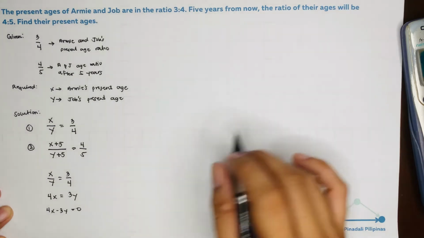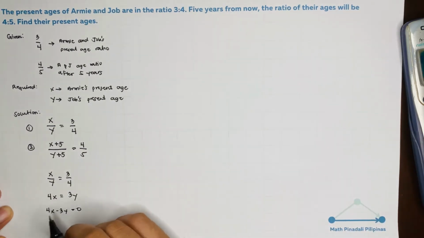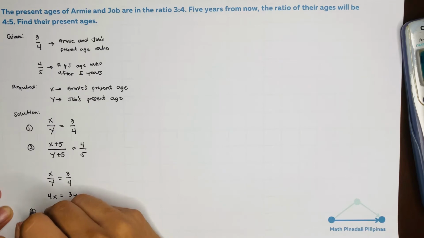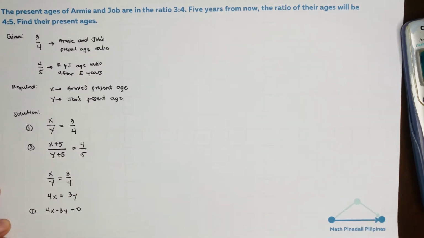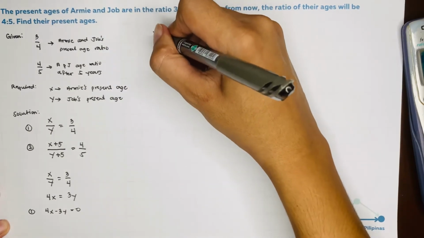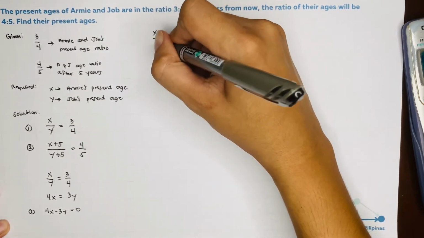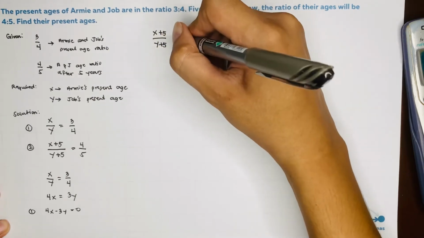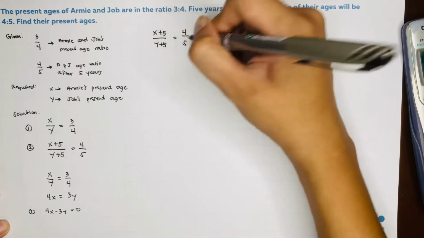This is our first equation in standard form. Second equation, we have X plus 5 over Y plus 5 is equal to 4/5.